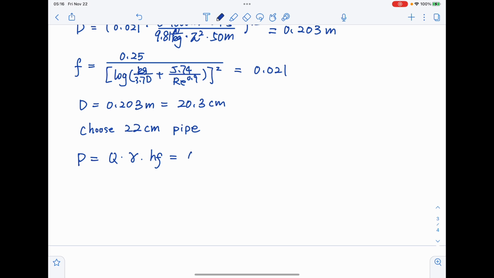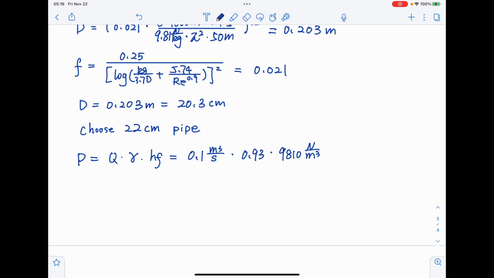Q is given 0.1 cubic meter per second. The gamma is 0.93 times the gamma of water, which is 9810 newtons per cubic meter.